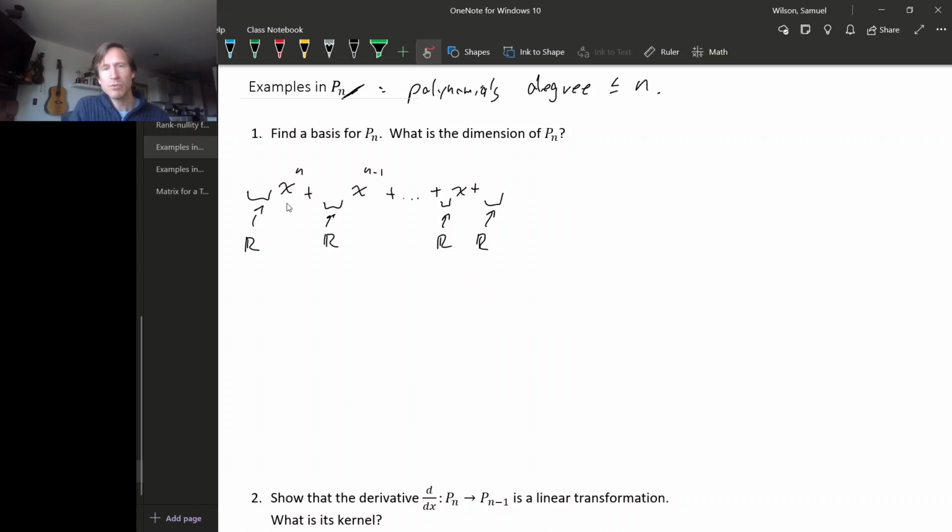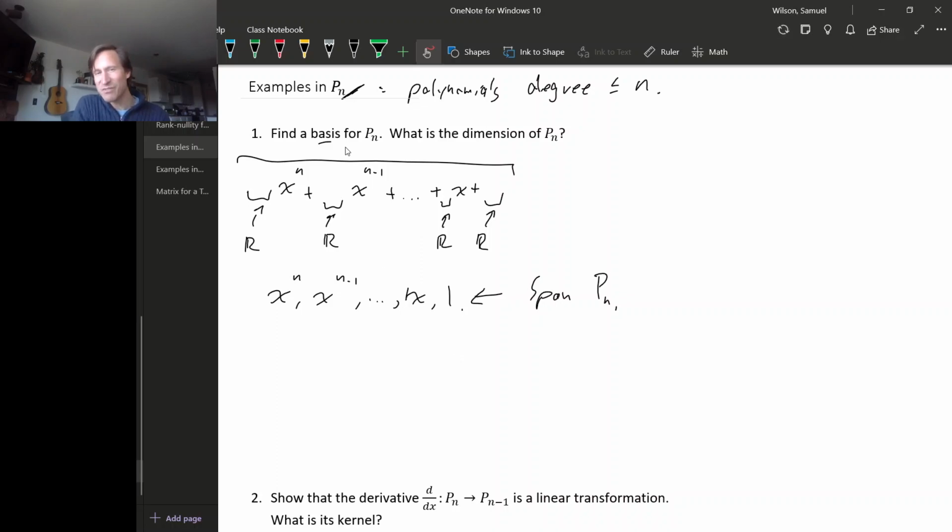So what this looks like now is just a linear combination of x to the n, x to the n minus 1, and so on, all the way down to x and 1. Okay, so these vectors clearly span P sub n. Every polynomial of degree less than or equal to n is a linear combination of these polynomials.